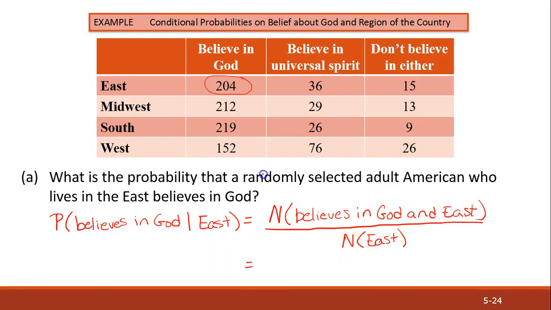So take the numbers that we have up here, and the number of people who believe in God and live in the East is this 204. 204 divided by everyone who lives in the East. So this whole row added up together, 204 plus 36 plus 15.